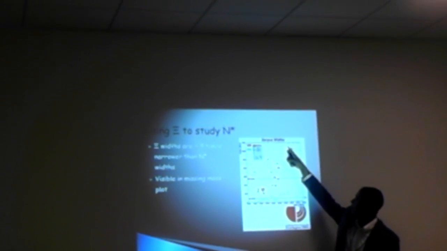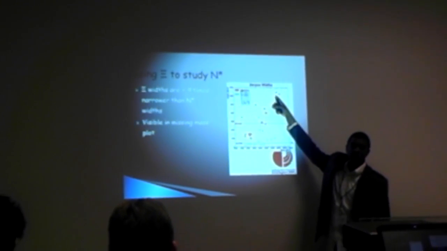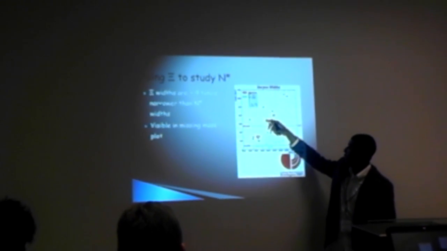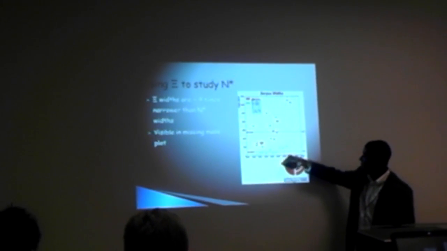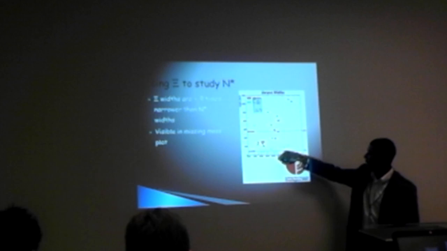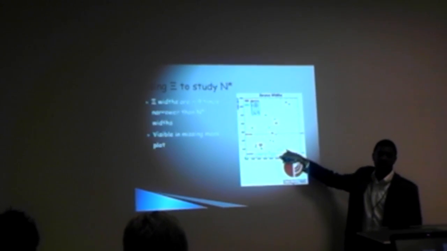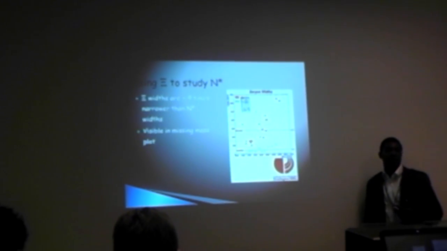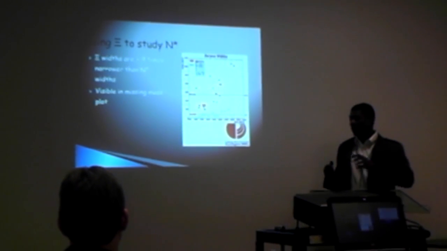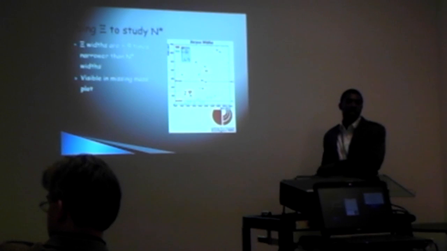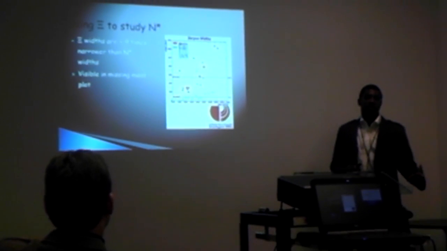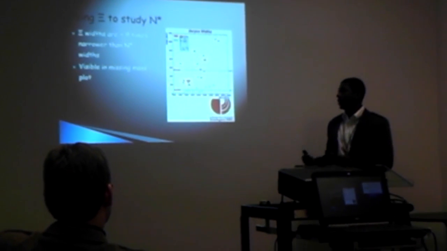Based off the nucleon state, the width is way up here. It's around 650 MeV. But approximately at 2,500, looking at the cascades, the width is down here. So that allows us to know what exactly is happening in these different excited states from studying the cascades in comparison to studying the nucleon itself.